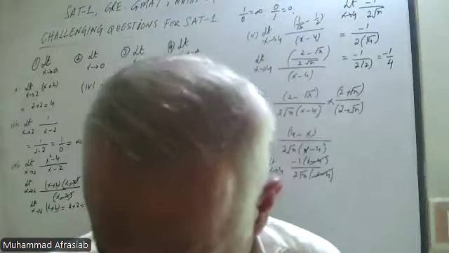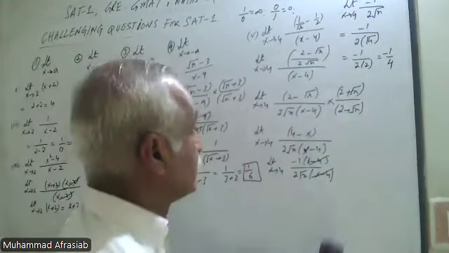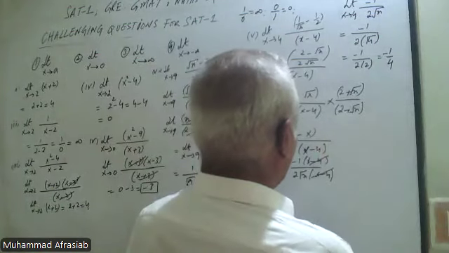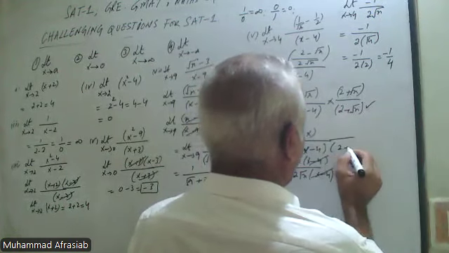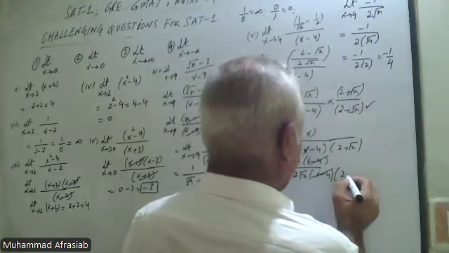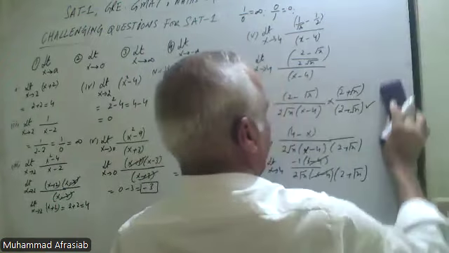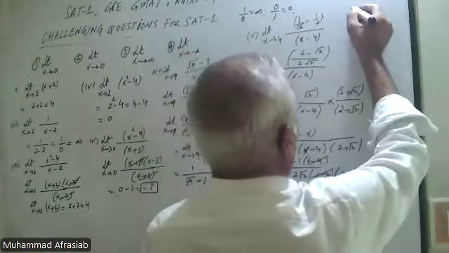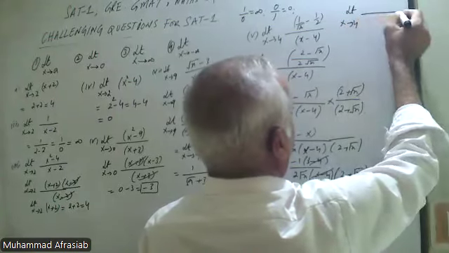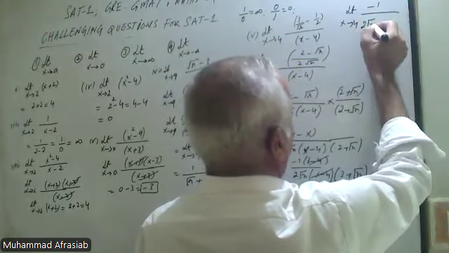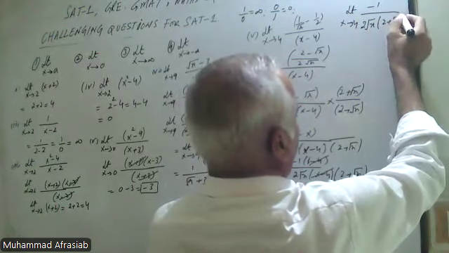Sorry, we have not used this part. This factor is also there: it should be 2 plus square root of x. So finally it is equal to the limit as x tends to 4 of minus 1 over 2 square root of x into 2 plus square root of x.